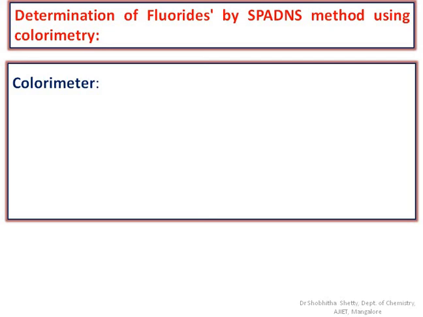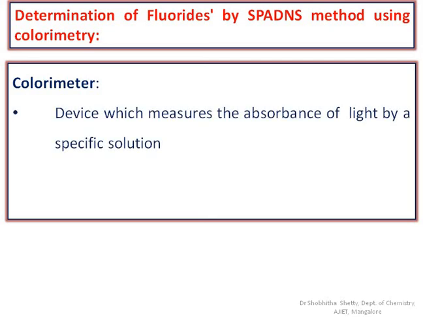The colorimeter is the instrument which measures the optical density or absorbance of a specific solution. Usually for colored solutions we use a colorimeter. So mainly the concentration of ions, especially in colored solutions, can be easily determined using the colorimetry method.